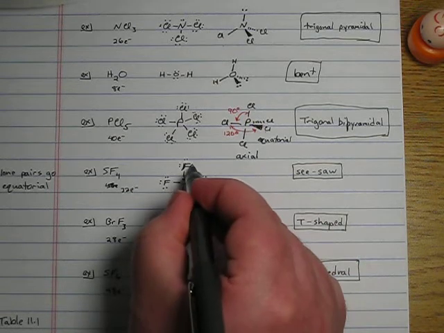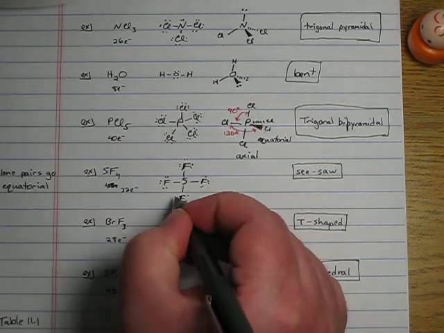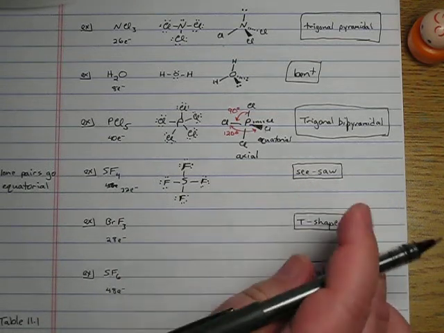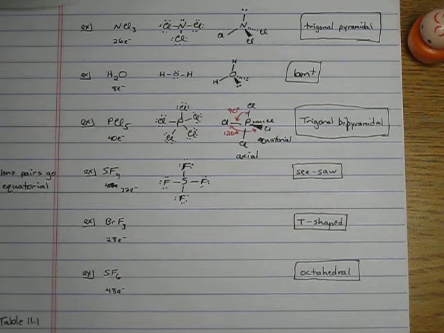Okay. Oh, I think I missed some. Oh no. Let me check this. What is that electron count again? Well, fluorine.